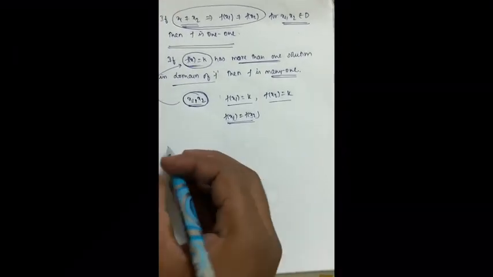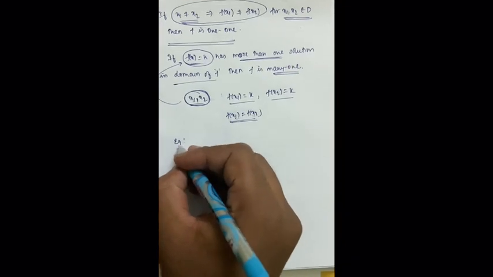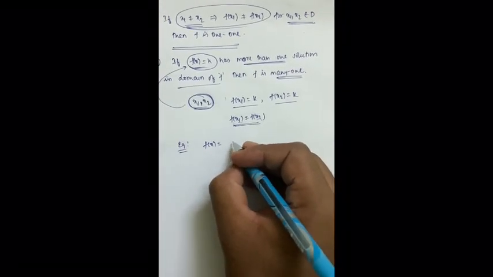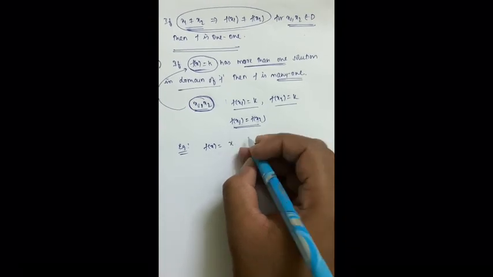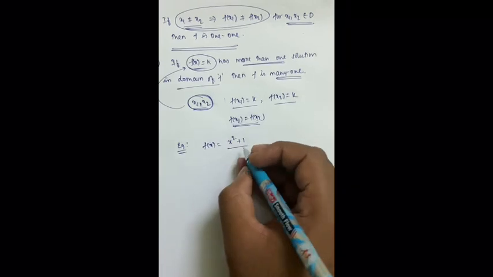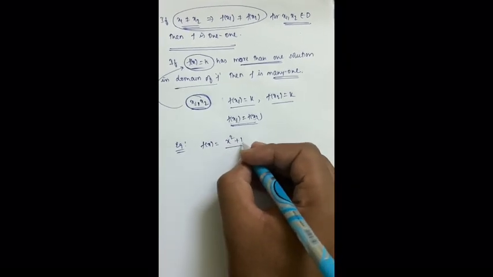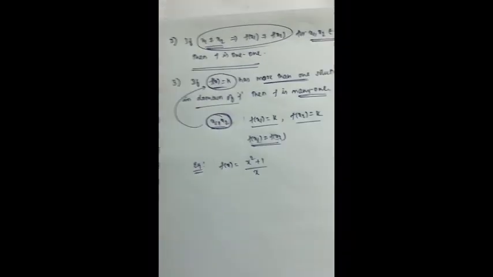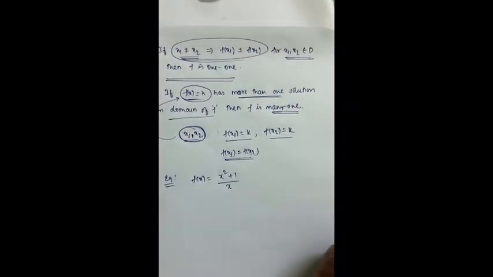Okay, so we'll see just one or two examples. Let us say f of x is x square plus 1 by x. Let's see, is this function 1-1 or not?